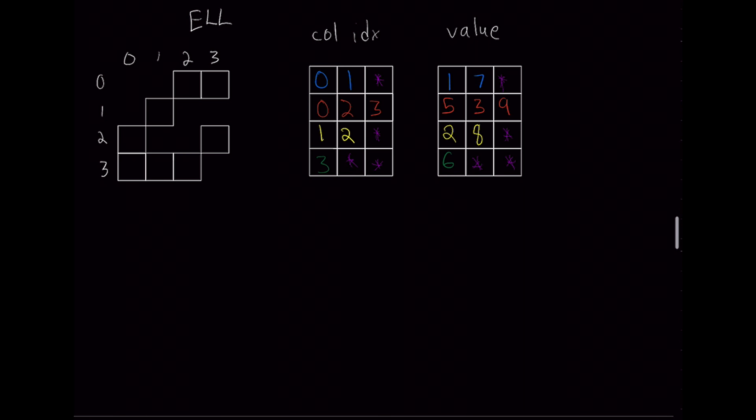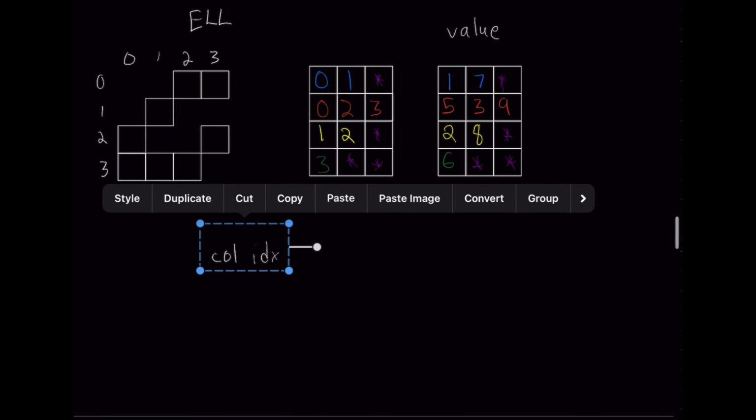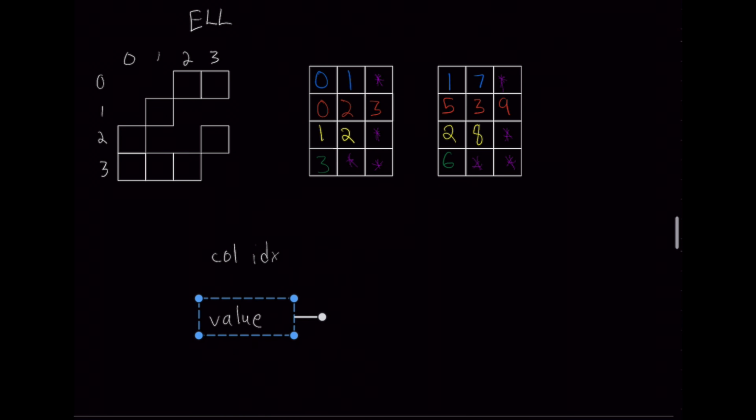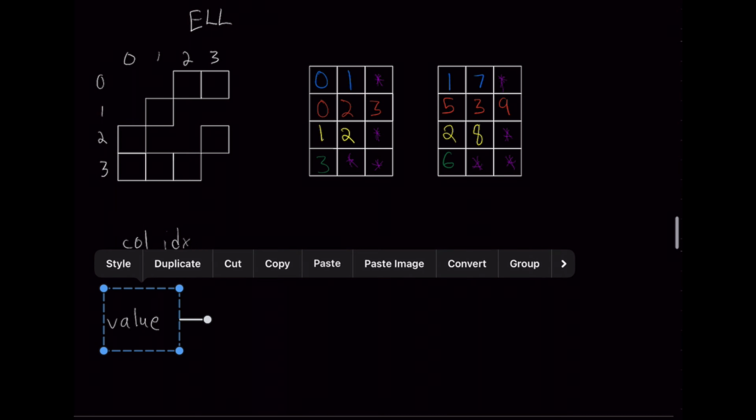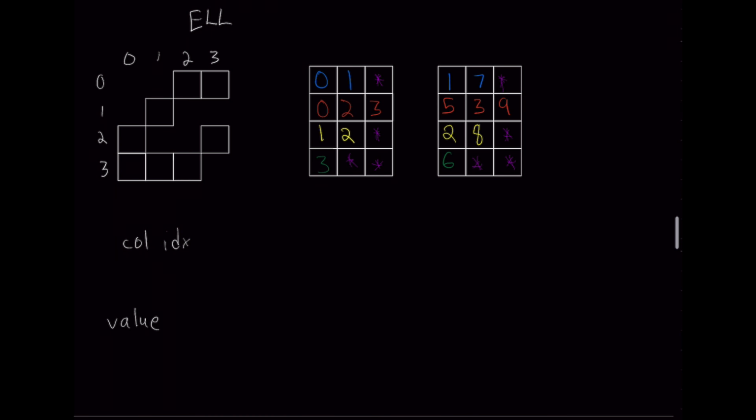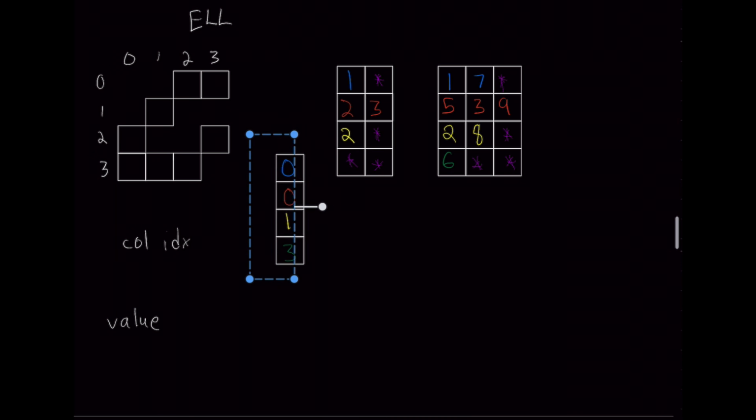Now let's reorganize our ELL format to show how a GPU would access these values in ELL format. So first we have the column index array and the value array. Since we're moving in column major, I'll grab the first column.